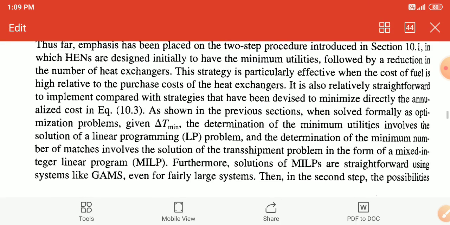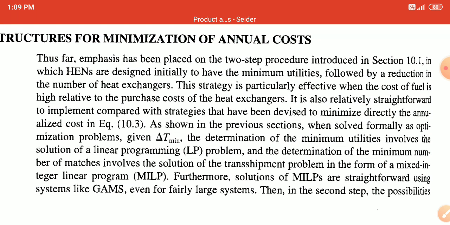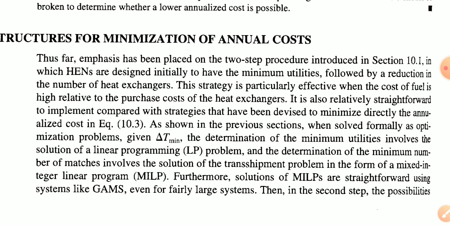Now, thus far emphasis has been placed on the two-step procedure introduced in section 10.1, in which heat exchanger networking systems are designed initially to have the minimum utility, followed by a reduction in the number of heat exchangers.